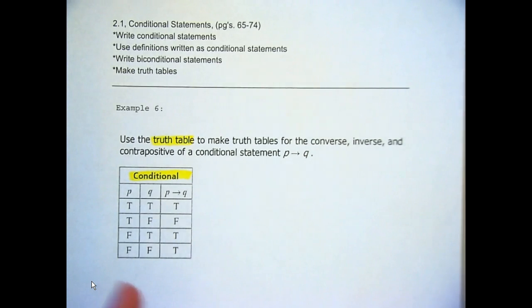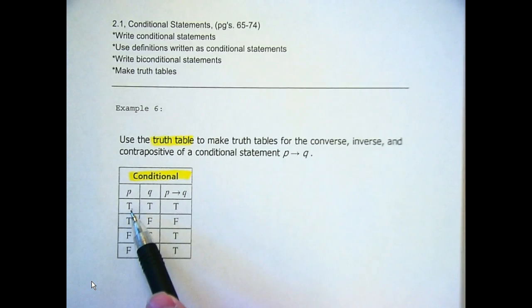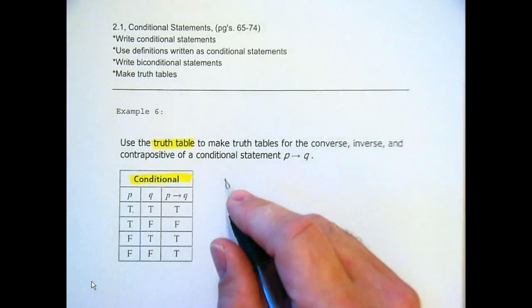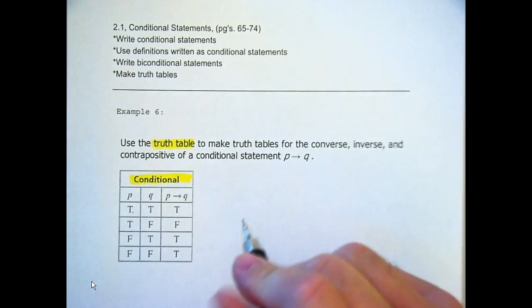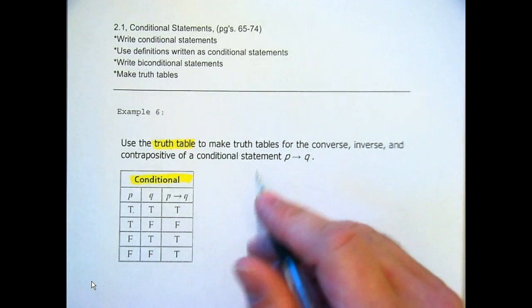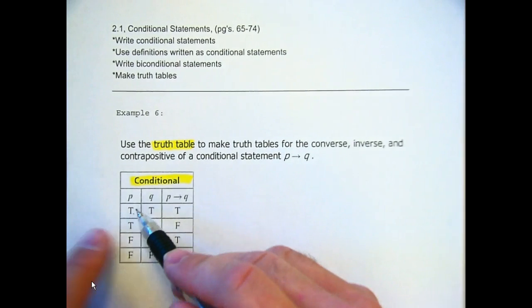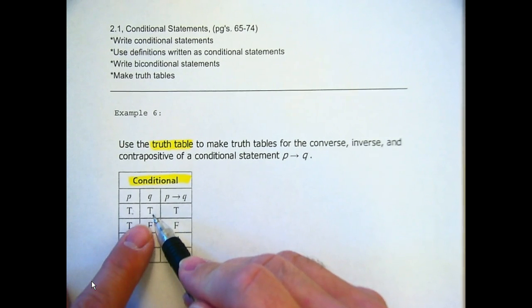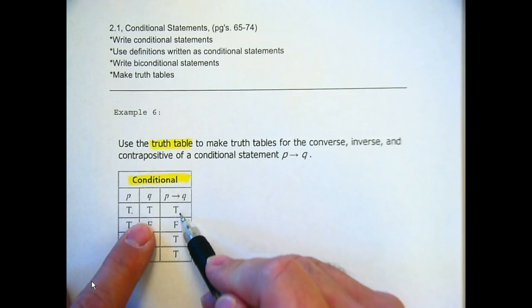In order to prove something false, if we have a conditional statement, let's go back to our statement from the other day: if yesterday is Wednesday, today is Thursday. We know if the hypothesis is true and the conclusion is true, then we have a true statement.